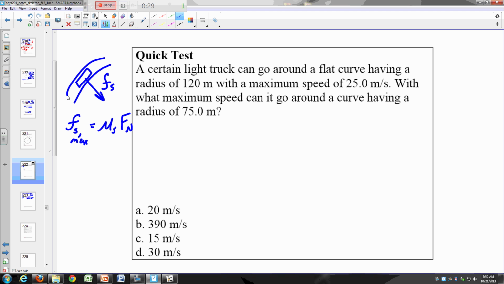There are a couple of steps that you have to do. You first have to find out what my mu s is, and then you can come back and find out what your maximum speed is going around this curve.